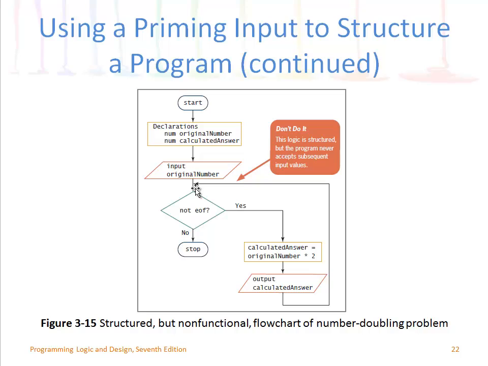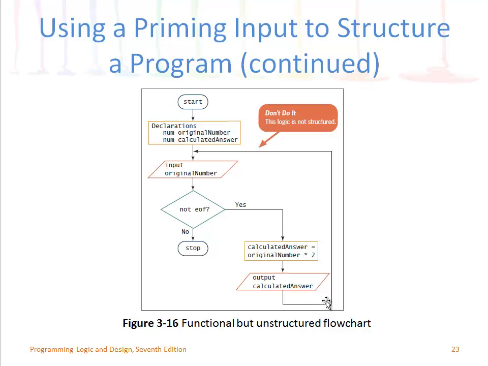We would come in, receive the number, prime the loop, and then ask the question, and since it's not end of file, they put in a valid number, we would go ahead and output the calculated answer. But when we come back here, we never got a new number. We still have the same number, so we've created an endless loop.